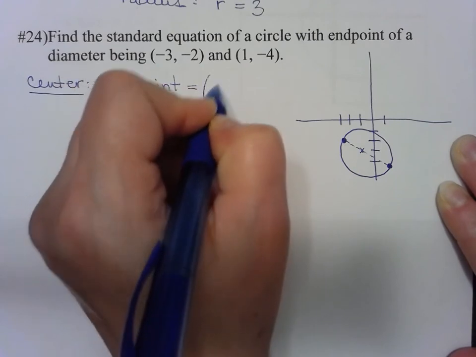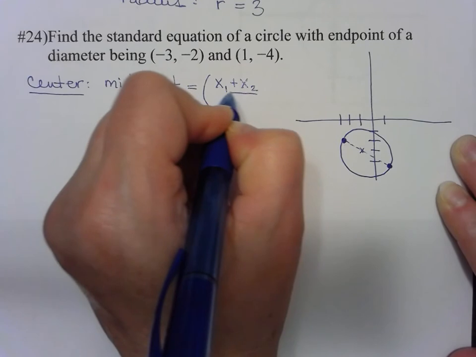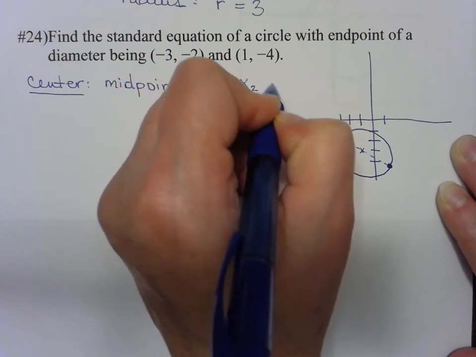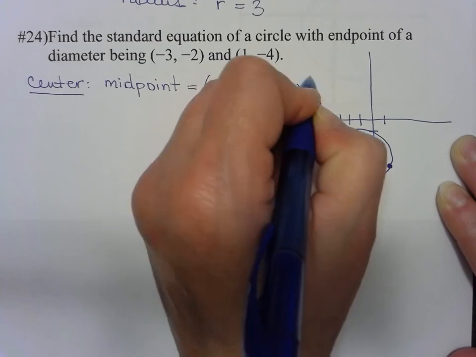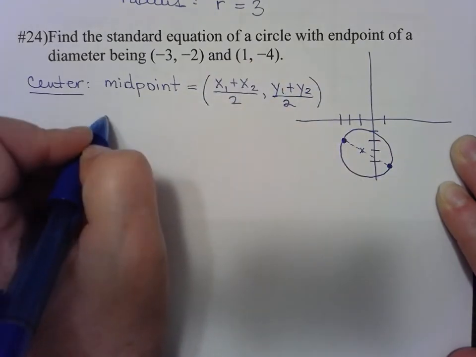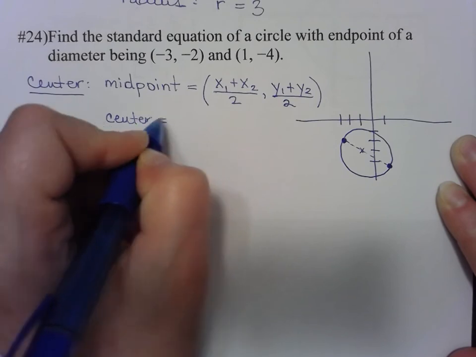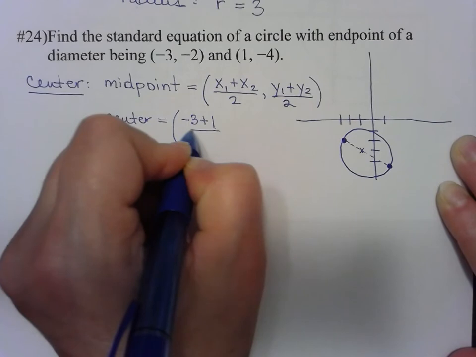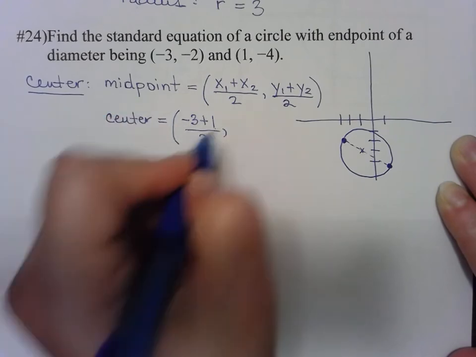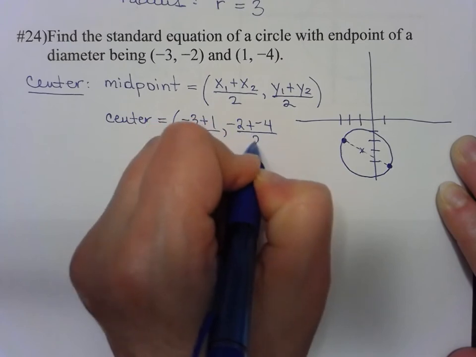To find the midpoint, I take the average of my x values and the average of my y values. So let's do that. So we'll have negative 3 plus 1 over 2 and negative 2 plus negative 4 over 2.